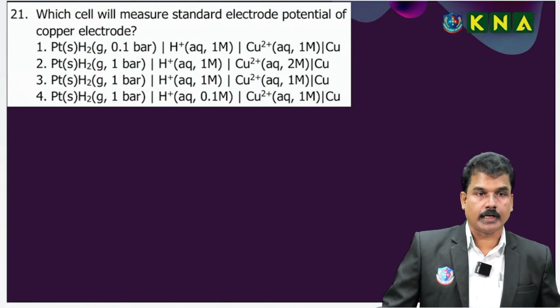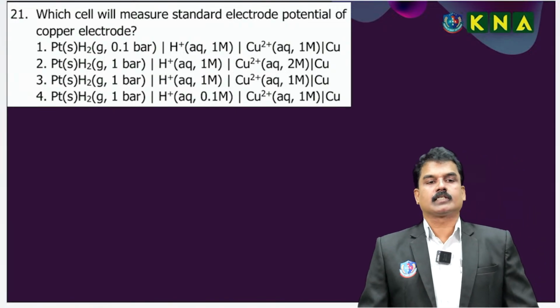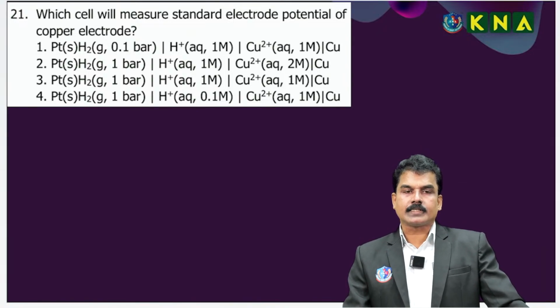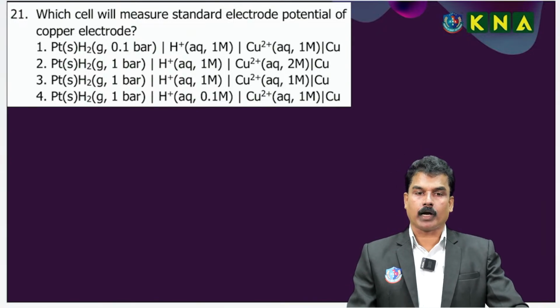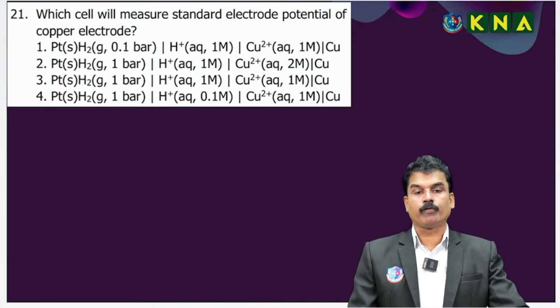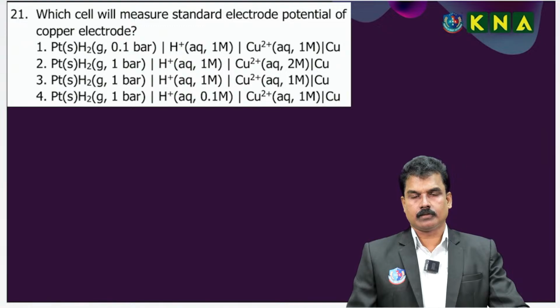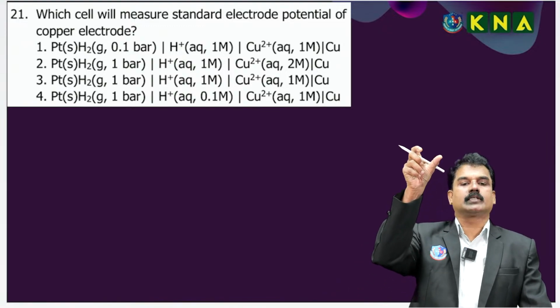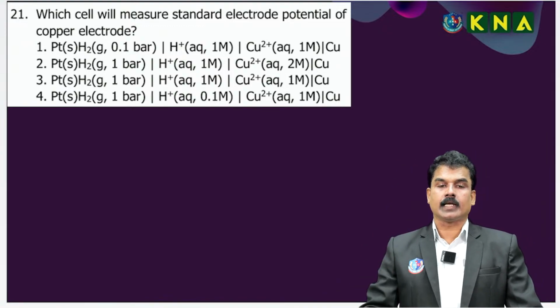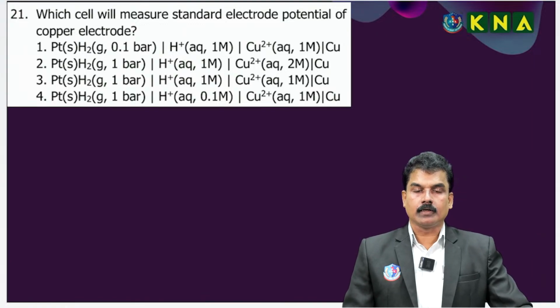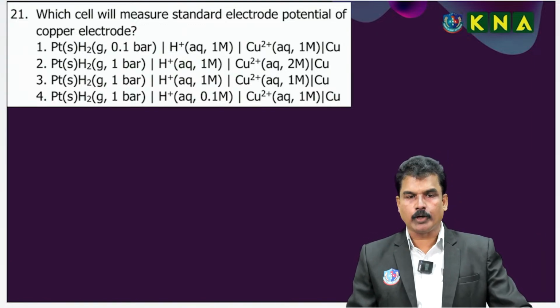The first question is, which cell measures standard electrode potential of copper electrode? You are familiar with the electrochemical series or reactivity series, in which elements are arranged in the increasing order of their standard reduction potential value.